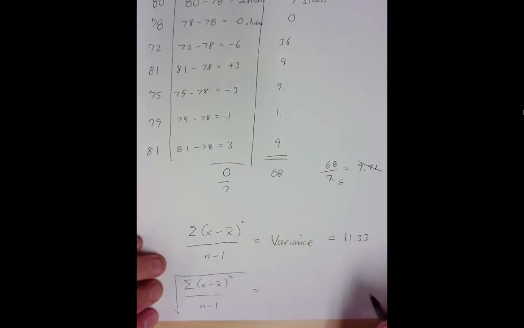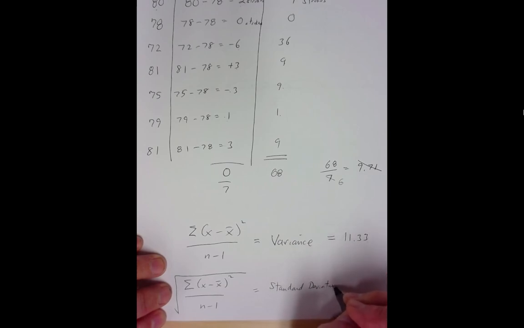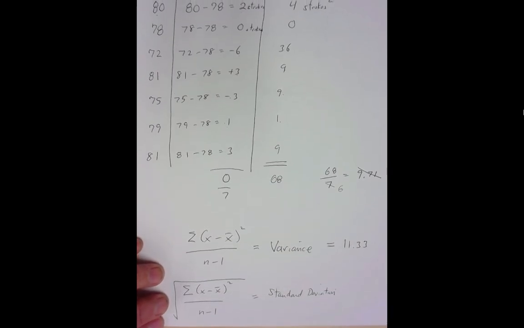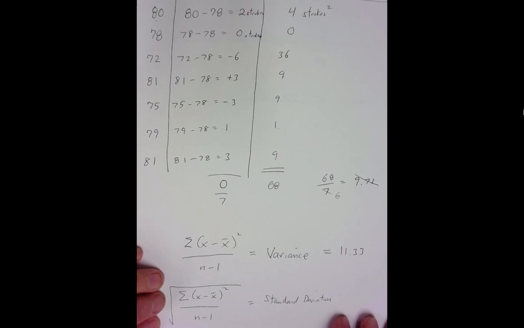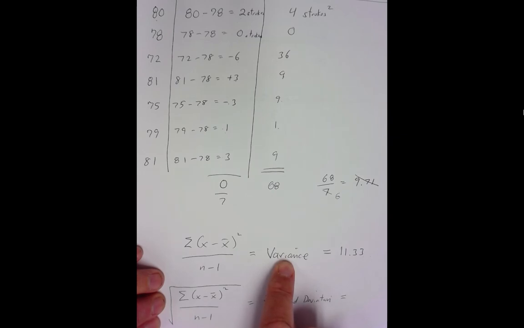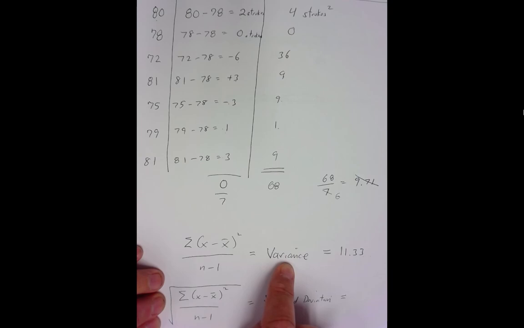They needed a big old fancy name for it, and they called it the standard deviation. Guys, the standard deviation is by far the most commonly reported measure of spread that you will find in statistics. So what is the standard deviation? It's the variance taken the square root of. So it's the square root of the variance.